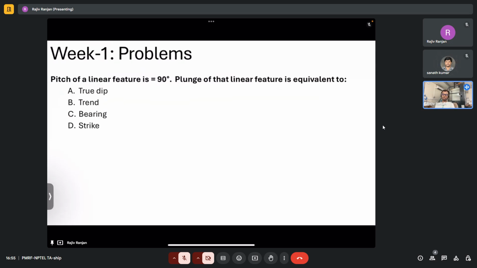Okay, the pitch of a linear feature is equal to 90 degrees. What would be the plunge of that linear feature? Tell me.